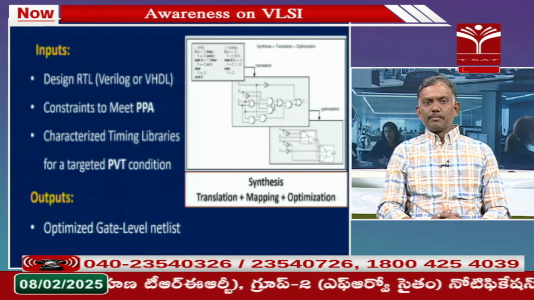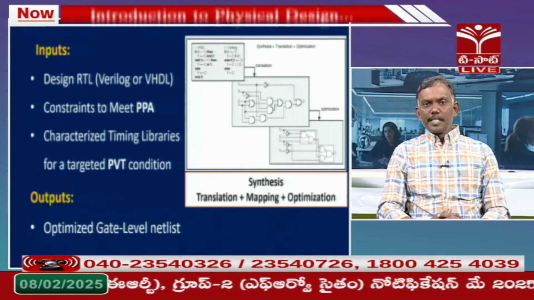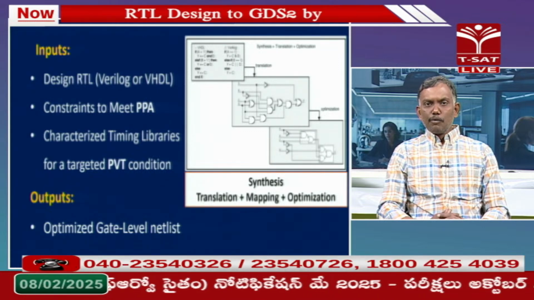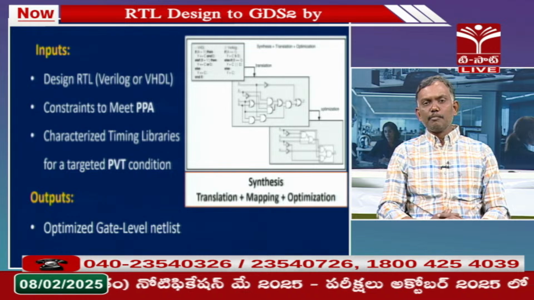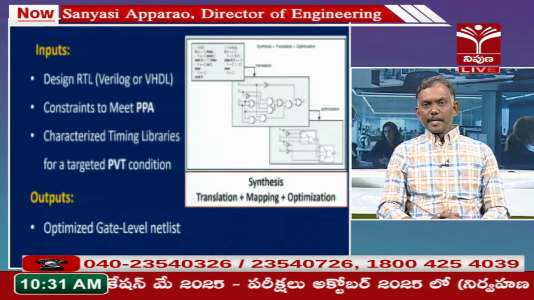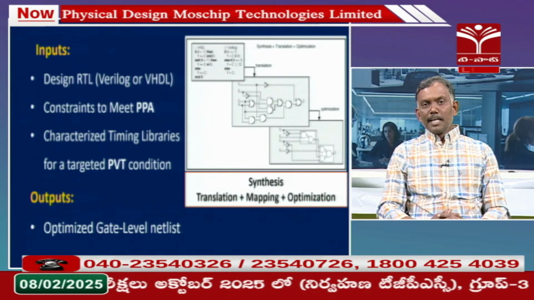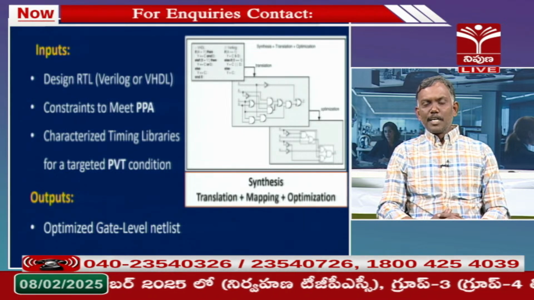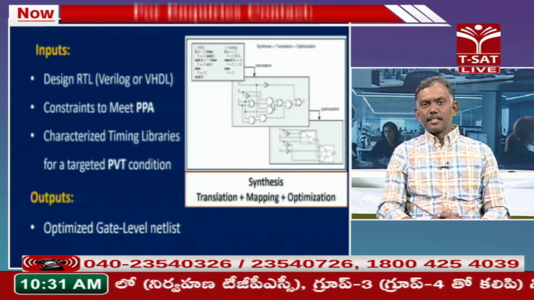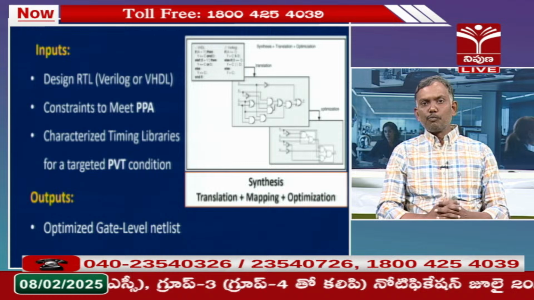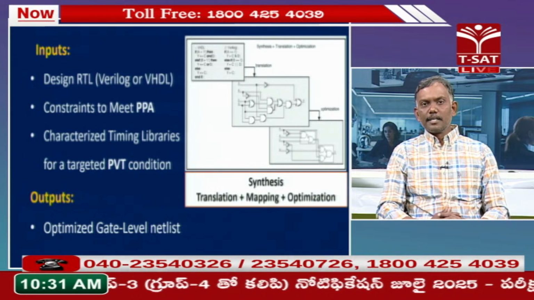Slow corner means because of the process variations, the cell delay increases, or maybe decreases. Because of the voltage variations, the cell delay may increase or decrease. And with the temperature variations, the cell delay may increase or decrease. The increase in cell delay because of these PVT variations is one condition, the slow corner.